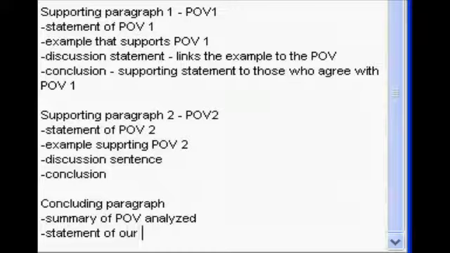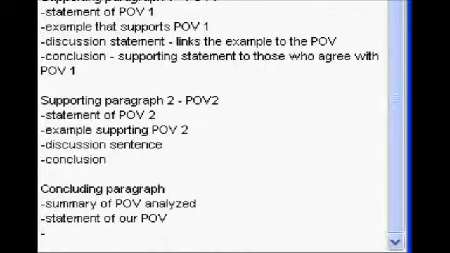The second sentence is a statement of our point of view. So we're just saying whether we more so agree with point of view number 1 or point of view number 2. So we'd structure this as something like, after analyzing both points of view, it's obvious that point of view number 2 is stronger, or it's obvious that McDonald's is not an impressive restaurant, or however we want to word it.